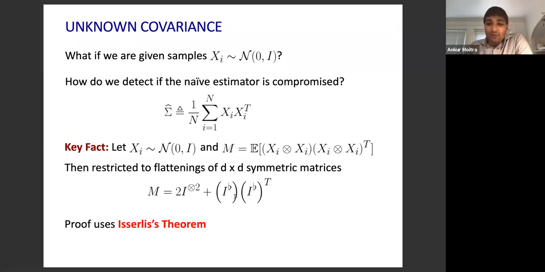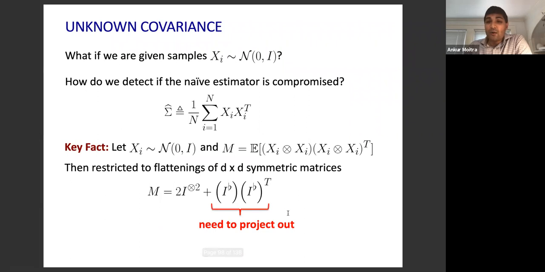So if I'm not careful, an adversary could hide some polynomial in d dependence in my robustness in the shadow of this much larger contribution to the spectral properties of M. So the key here is that there's a way to project this out.